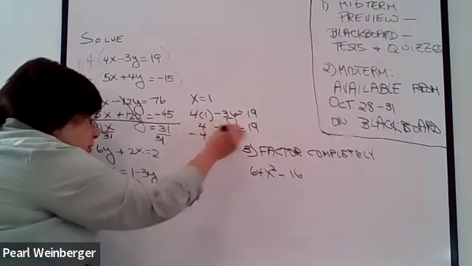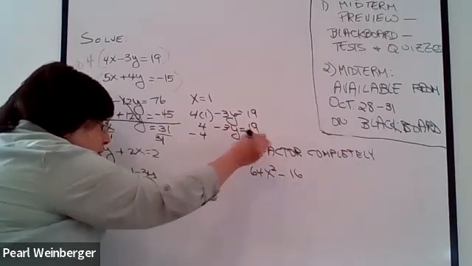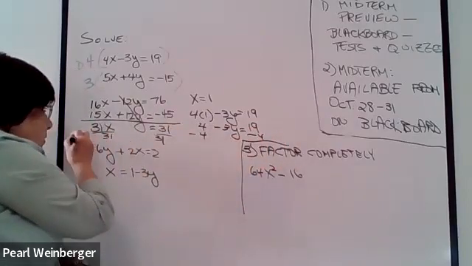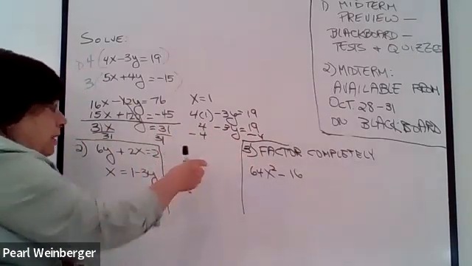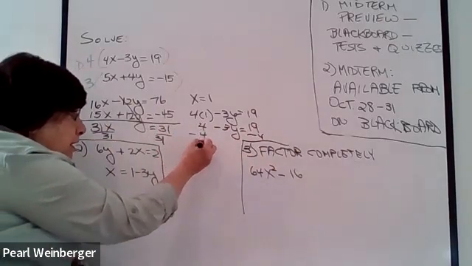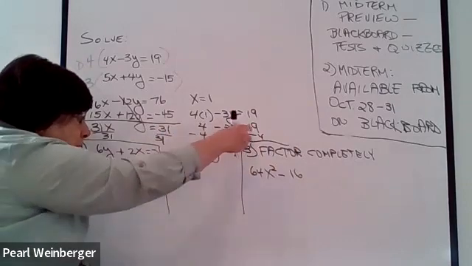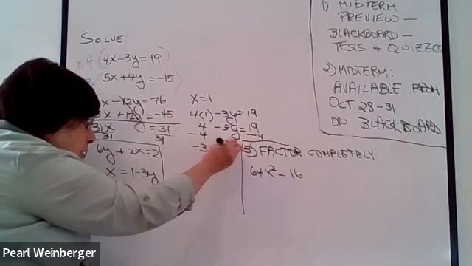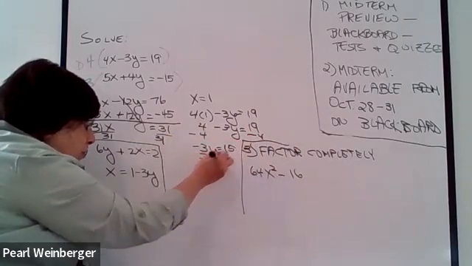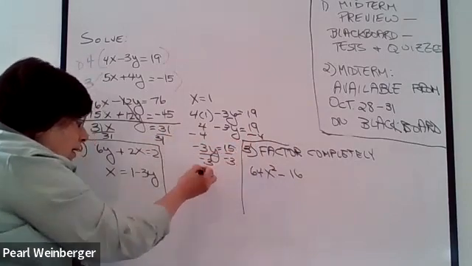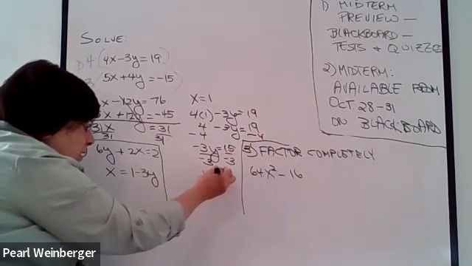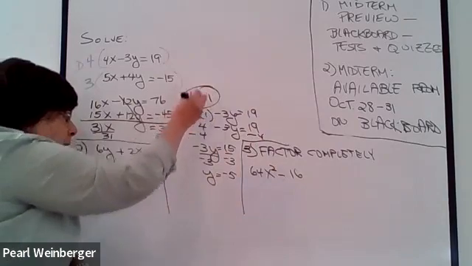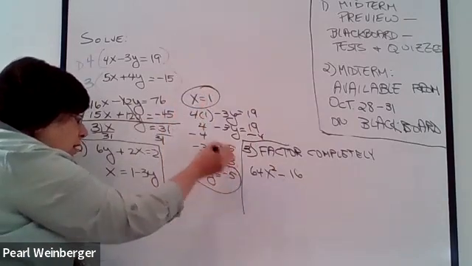Bringing the 4 to the other side, we'll end up with negative 3y equals 19 minus 4, which is 15. And when I divide by negative 3, I get y equals negative 5. So my solution is x is 1 and y equals negative 5.